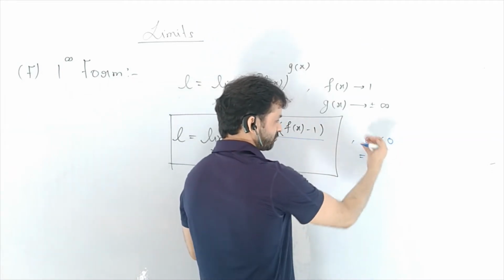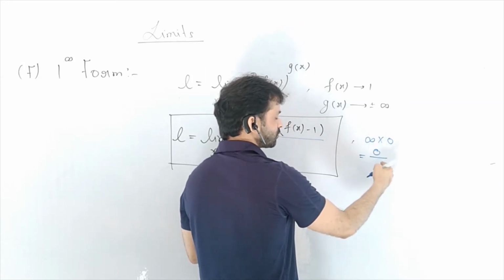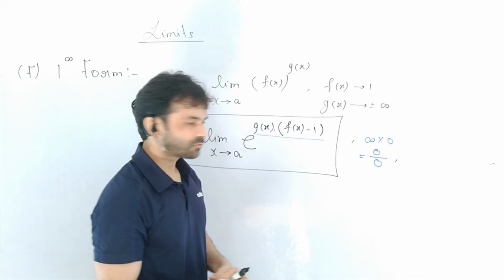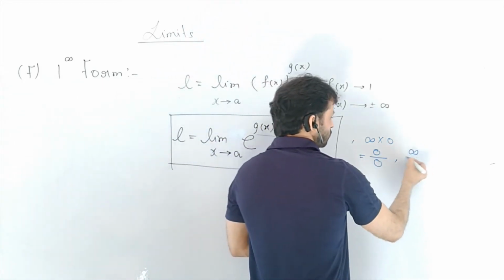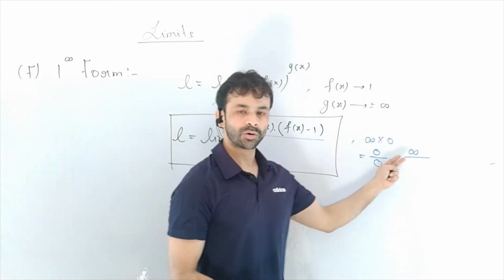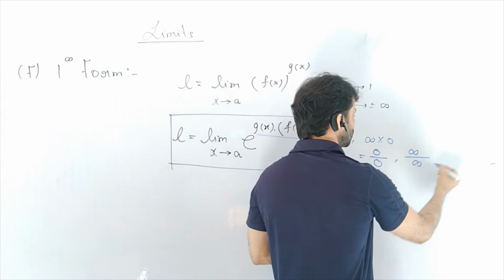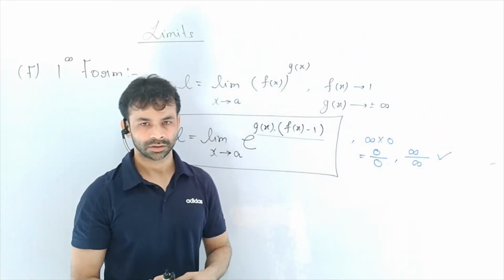If I take infinity in the denominator, it becomes 1 by infinity, which is 0. Or if I take 0 in the denominator, infinity upon 1 by 0, and 1 by 0 gives infinity. So we can convert, and now you can use the L'Hopital method.